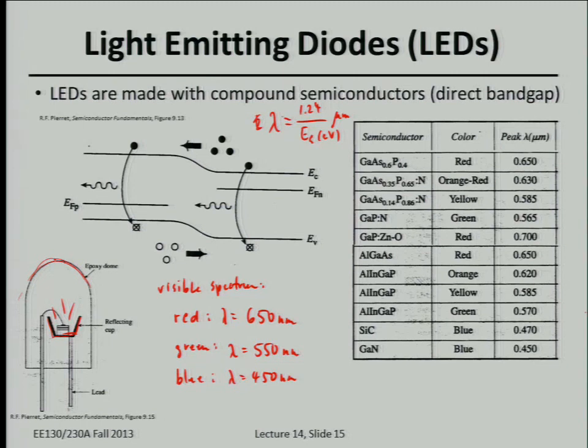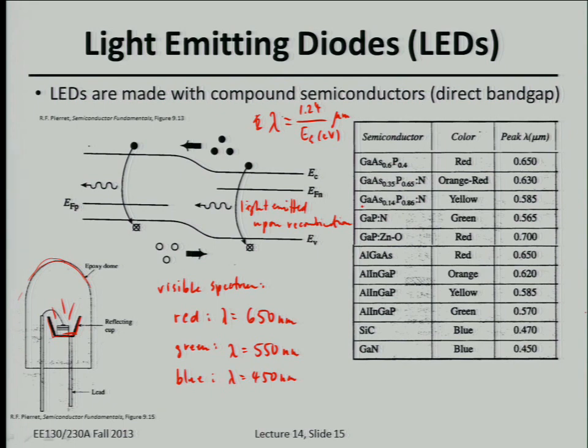So here a photon is emitted upon recombination. And where does the recombination occur? Primarily in quasi-neutral regions. Very good.